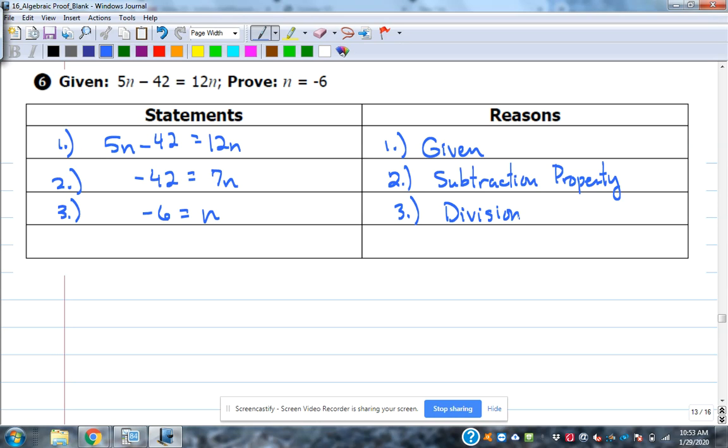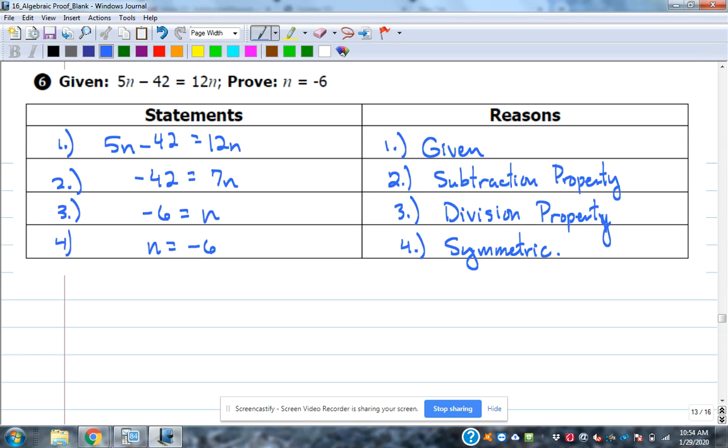But does that match? No, it's a symmetric. Yeah. It doesn't have the same thing on each side. So it's a negative 6 and an n. So those are not the same. So when you flip it around, I'm just turning it around, and that's that symmetric property. Throwing that symmetric in there.